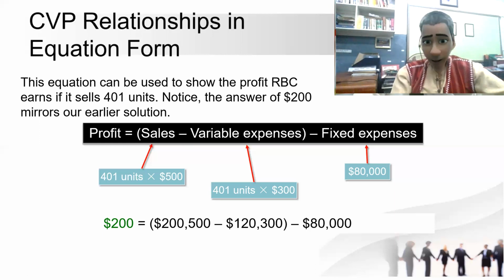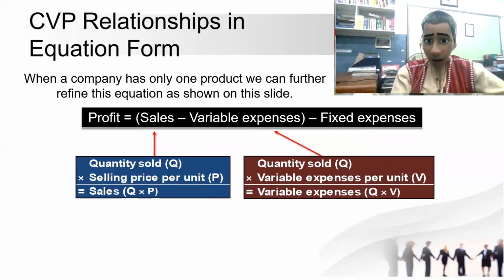When a company has only one product, we can further refine this equation as shown in this slide. If the company has only one product, profit is equal to sales minus variable expenses minus fixed expenses.